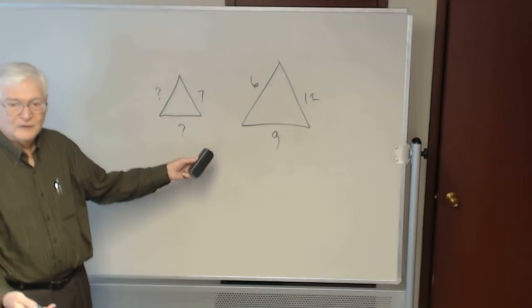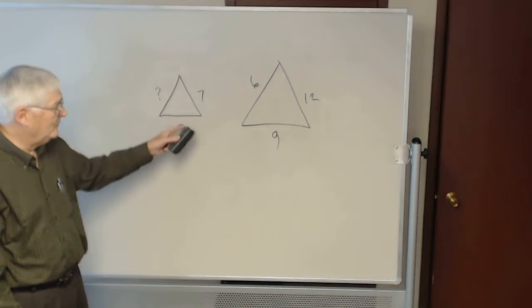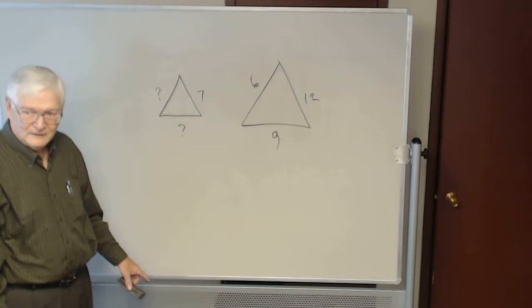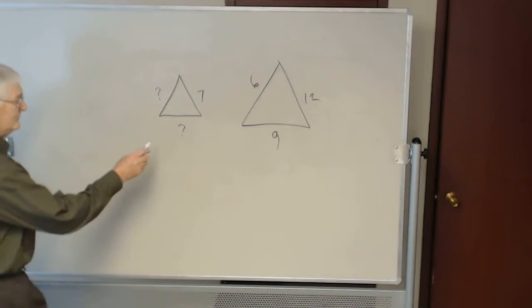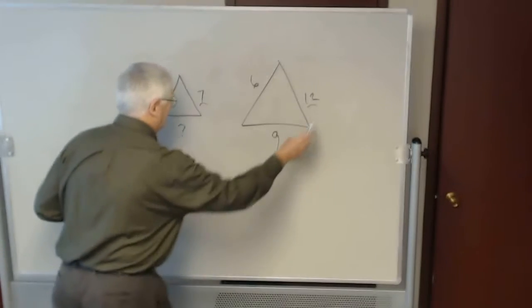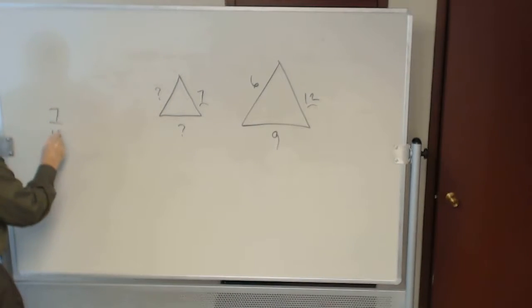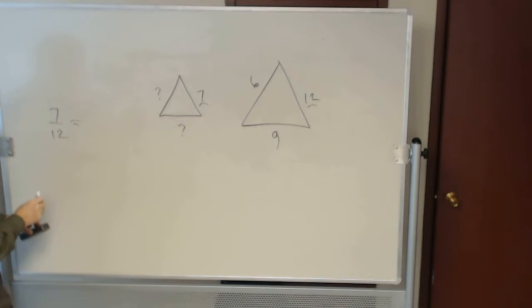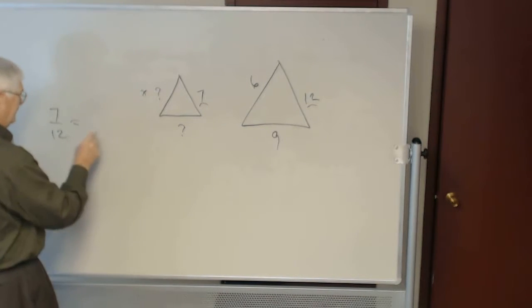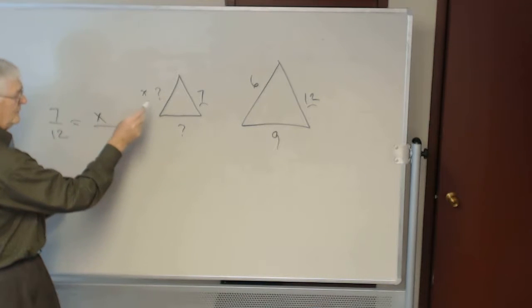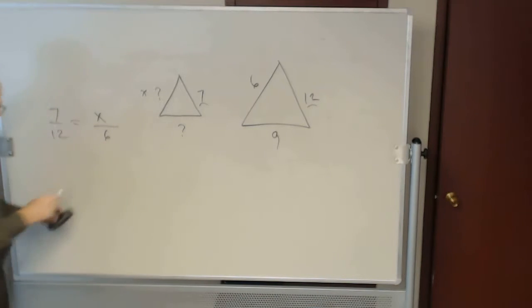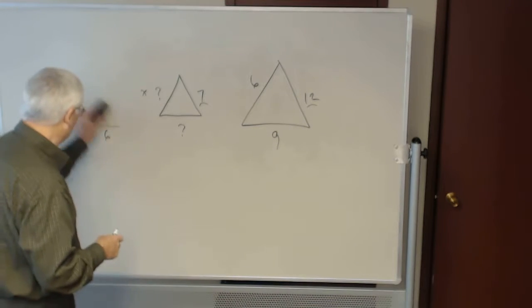I know this is one of your homework assignments, but do you know what to do? Just start with this, right? And go 7 over 12 will equal x over 6. Everybody see what's going on? Okay, so that's how you work your part.